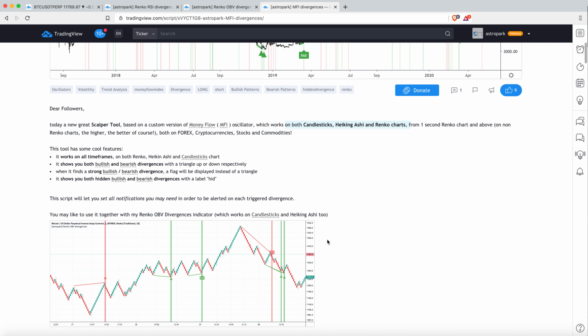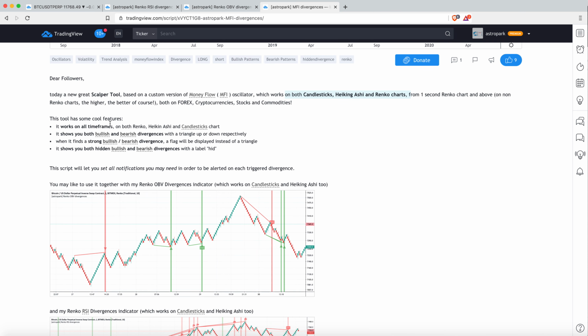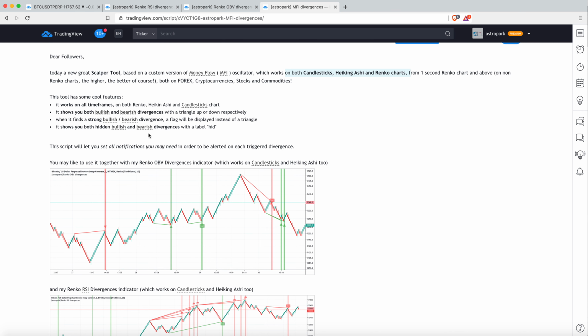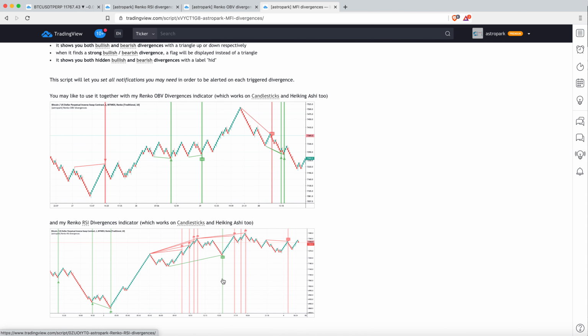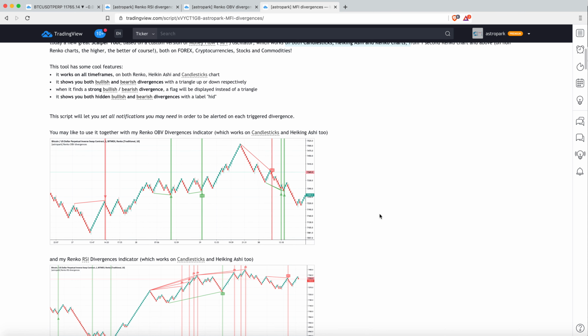You can use them on Forex, cryptocurrencies, stocks, commodities, and so on, on each time frame. They show you hidden or regular divergences, and they show you with a colored background and a label or a triangle.